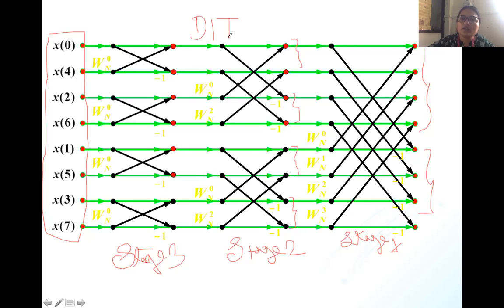The reason behind it is that we are reordering the input value or time domain sequence signal, as we are reordering the sequence which is in the time domain. Because of this reordering of the time domain sequence, this algorithm is named decimation in time FFT algorithm. Is that clear? Why is this algorithm named the DIT algorithm?